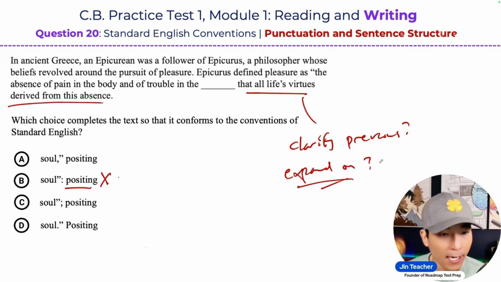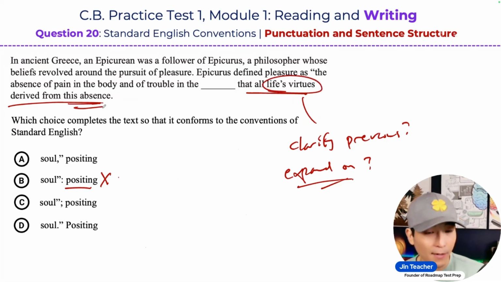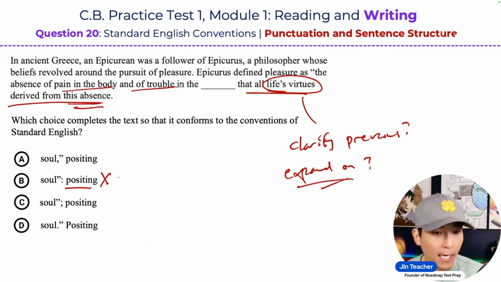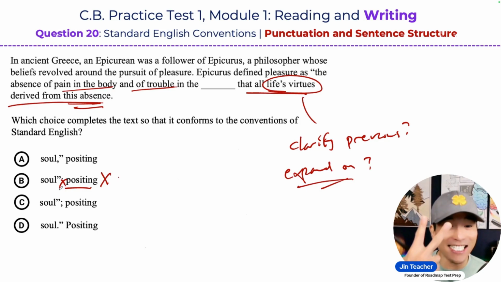And so we know that it doesn't clarify, it just expands on it by telling us that all of life's virtues derive from this absence, and that absence is the absence of pain in the body and trouble in the soul, okay? So we know that it's not clarifying it, it's just building on it. Okay, so this is why the colon is going to be wrong, because it violates that second rule for the colon.